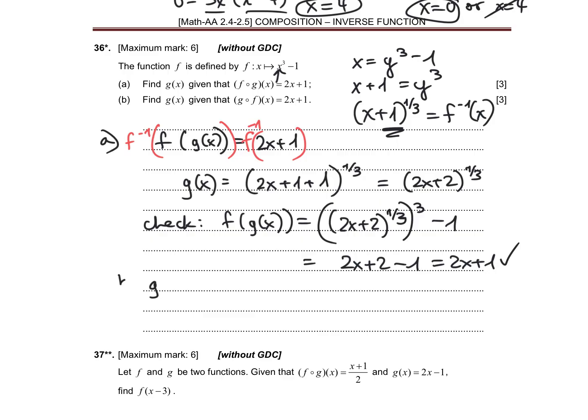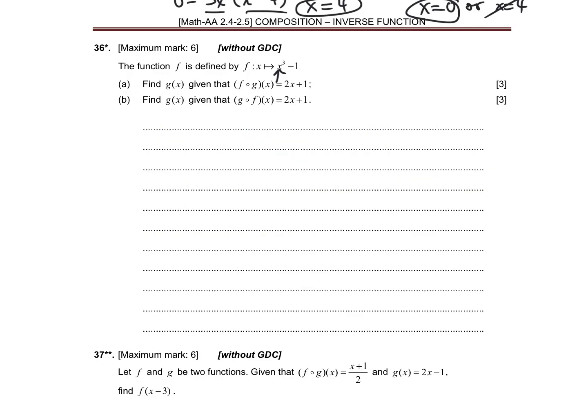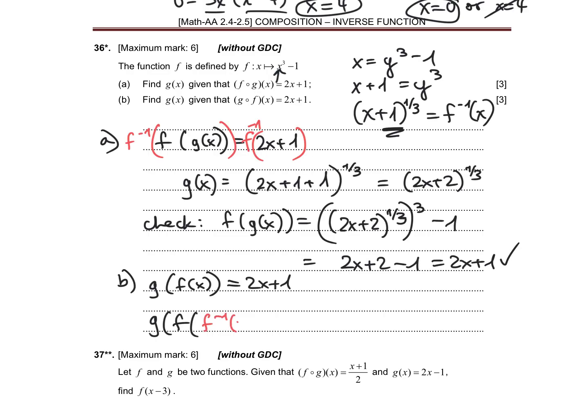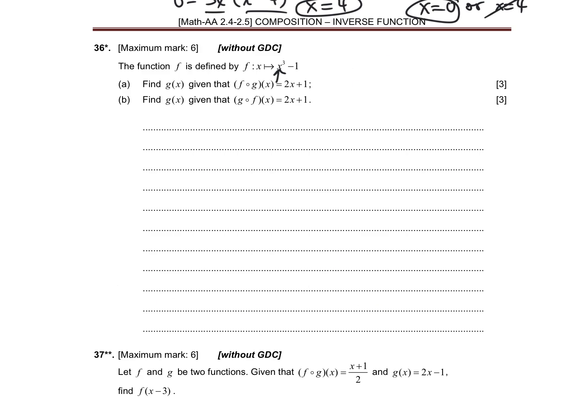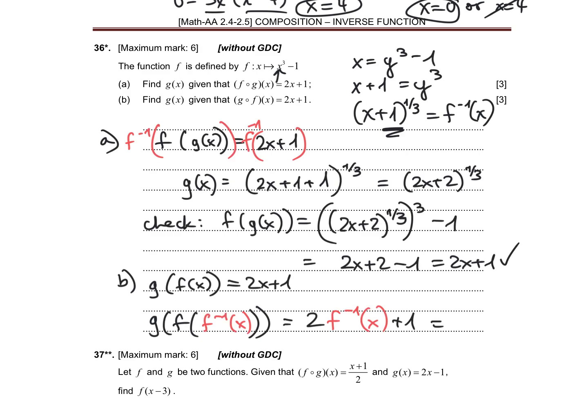Now, if we want g at x, so if we have for b, g of f at x, we want that to be 2x plus 1. So we need to do g of f of the inverse. So we're going to have 2 times the inverse plus 1. So this is going to be 2, and the inverse is x plus 1 to the 1/3, plus 1.